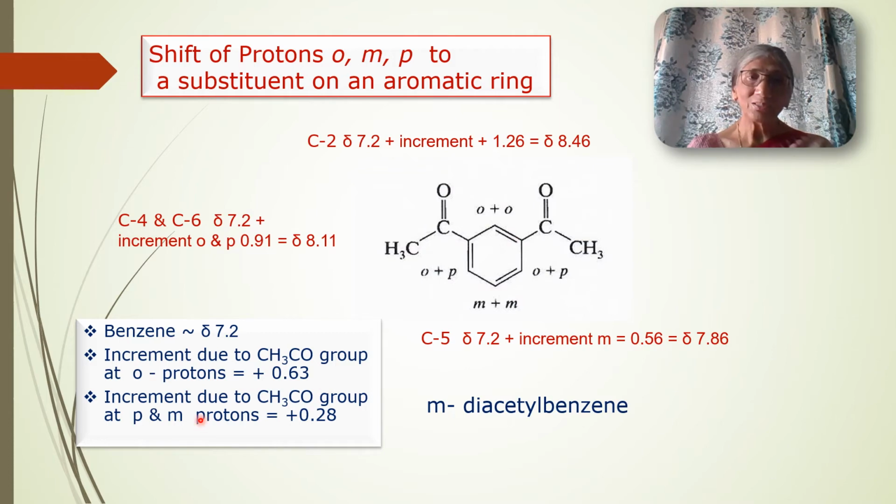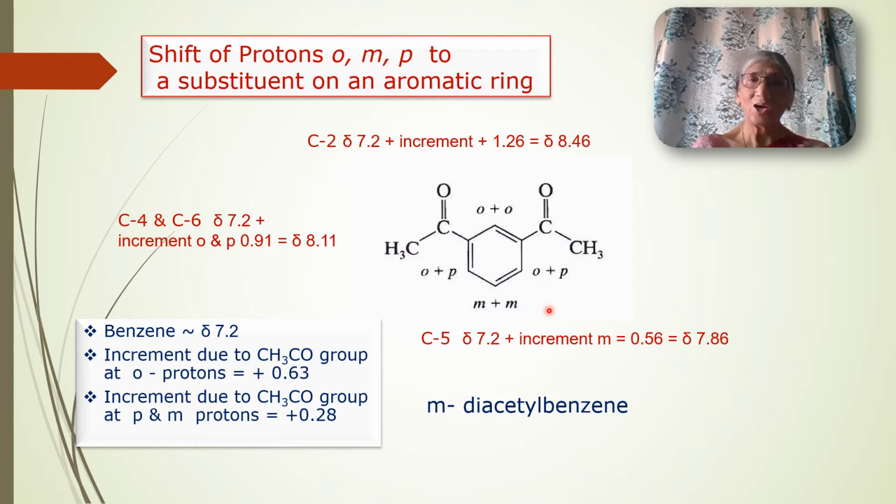From the table, we can see the increment due to the acetyl group. These tables are given in every book. So the increment due to the acetyl group at the ortho proton is plus 0.63, and the increment due to the acetyl group at the meta and the para proton is plus 0.28.